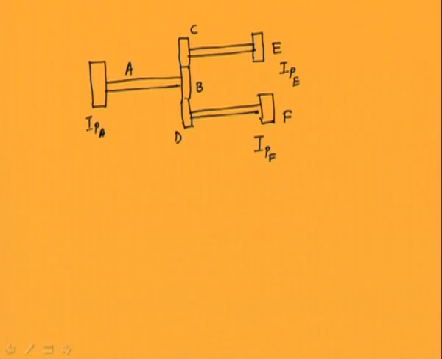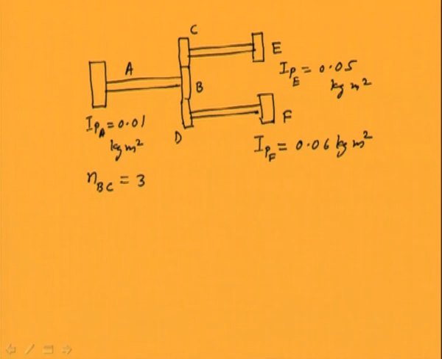They have the following values: 0.01 kg meter square, 0.05 kg meter square, and disc F is having 0.06 kg meter square. The gear ratio between B and C is 3, and the gear ratio between B and D is 4.